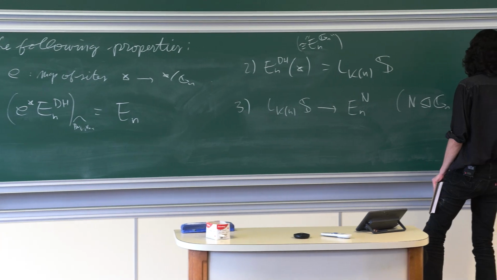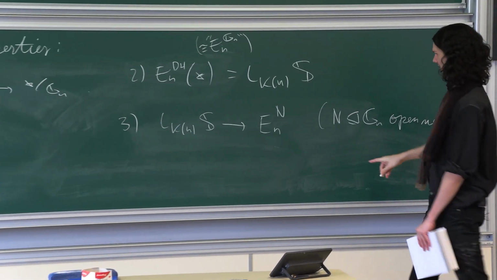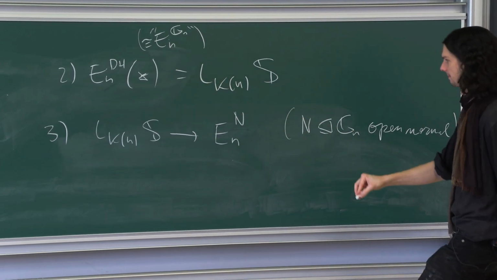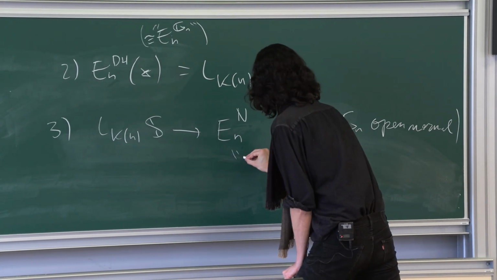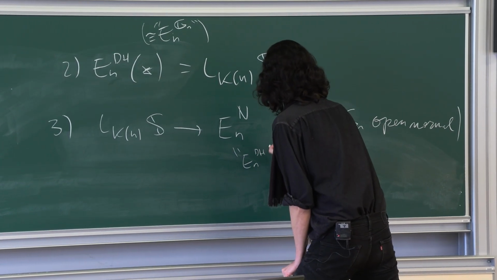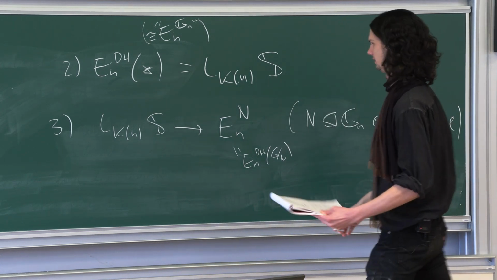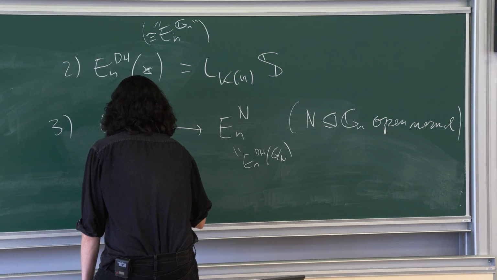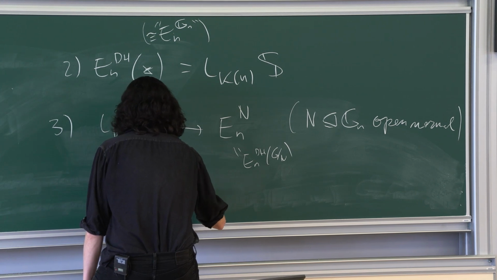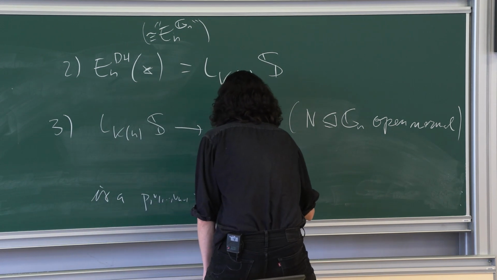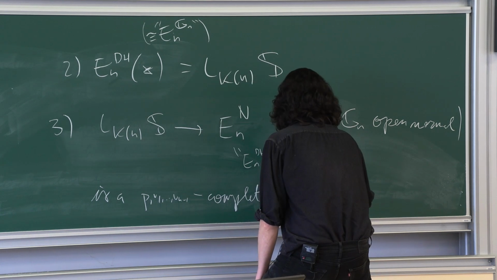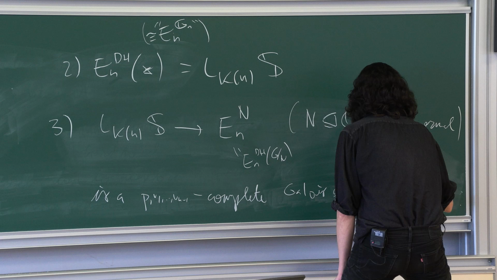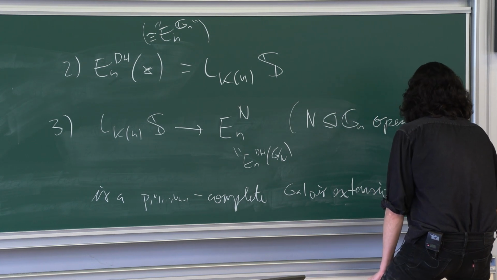So if you have an open normal subgroup, and by this I just mean the evaluation of this guy on G mod n, this is a p, vn up to vn minus 1 complete Galois extension with the group G mod n.